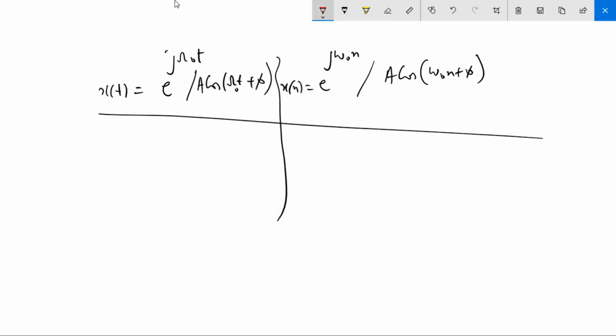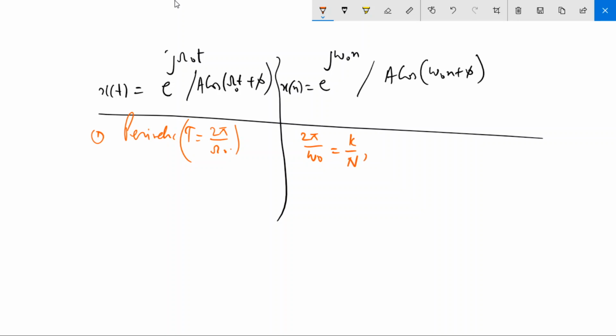So the first difference was that this is periodic with a time period of 2 pi by omega naught. This may or may not be periodic depending upon whether 2 pi by omega naught is the ratio of two integers or not.